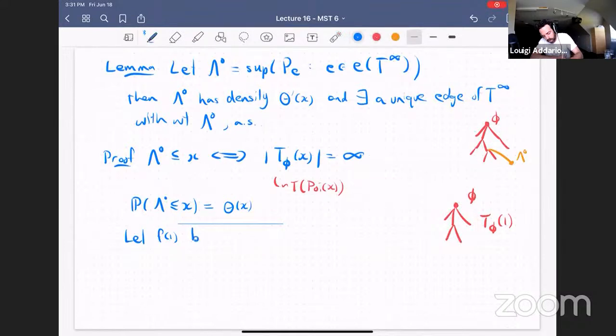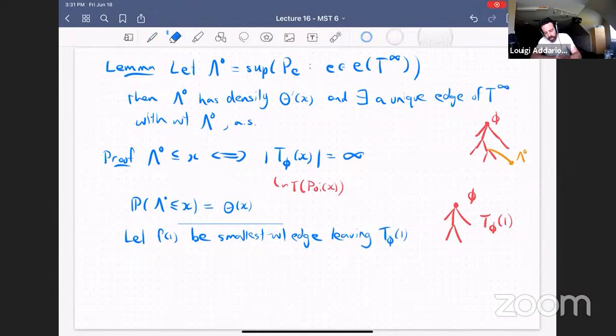I'll let F1 be that edge, the smallest weight edge leaving T1 at the root, and let's say that the weight of that edge is X1. Let me draw that more schematically.